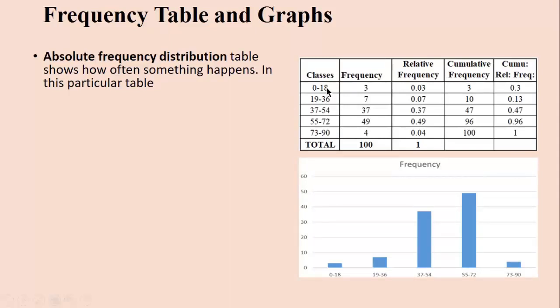You can see that these classes are being scaled on the x-axis, 1, 2, 3, 4, 5 classes, and on the y-axis, the frequency is being scaled. And point to be noted that this scale should be developed in such a way that the maximum value of a frequency should be covered.